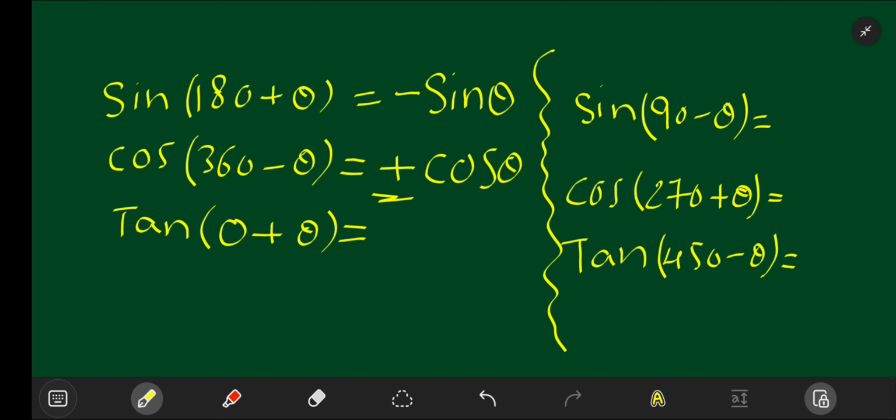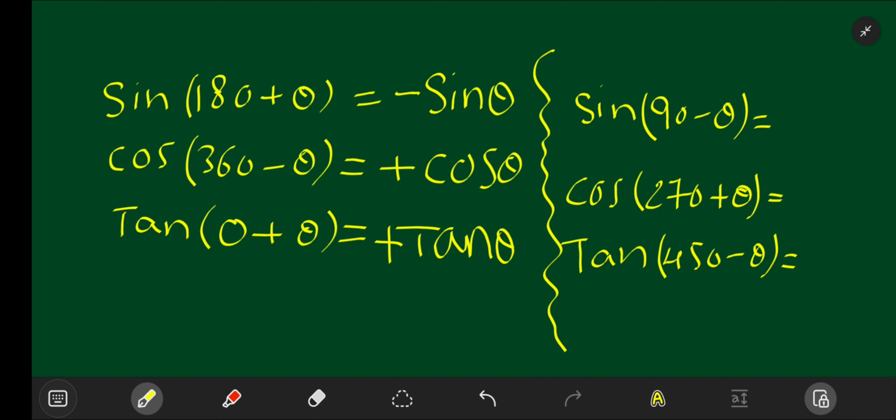We already know. The trigonometric function does not change. Next, tan 0 plus theta. 0 plus theta in the sense it comes to first quadrant. In first quadrant all are positive. So plus tan theta directly.